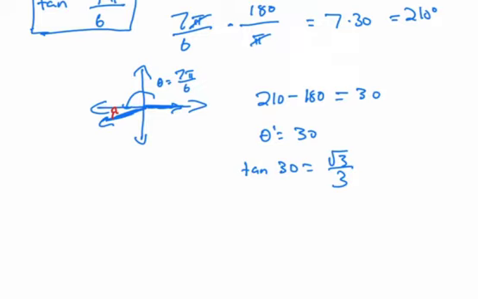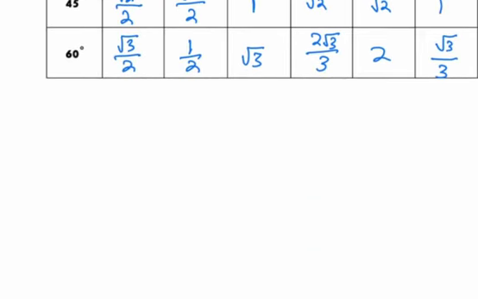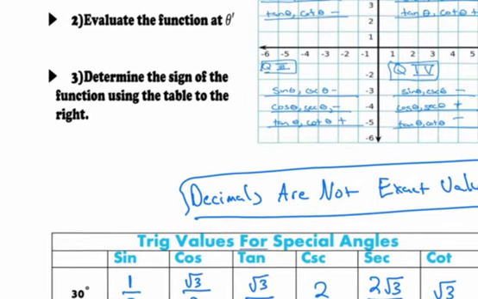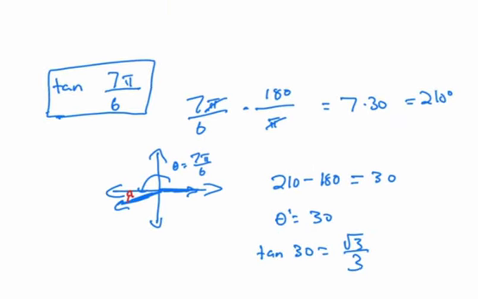And last but not least, I want to check the sign. I'm in the third quadrant, and I want to see whether my tangent should be positive or negative there. So let's come here to the third quadrant and look at the tangent. The table tells me it's supposed to be positive. So I'm going to give my final answer.